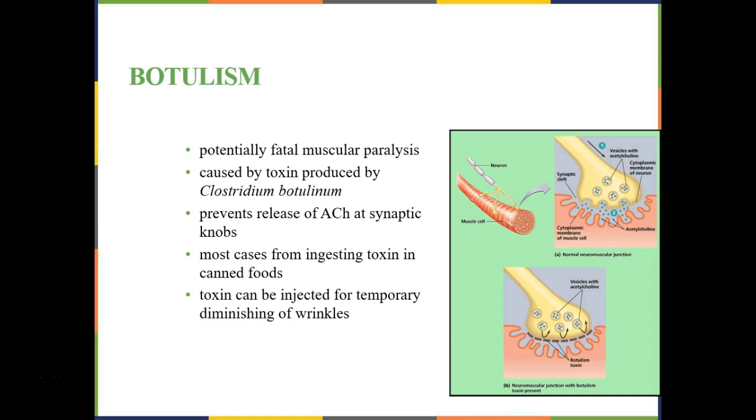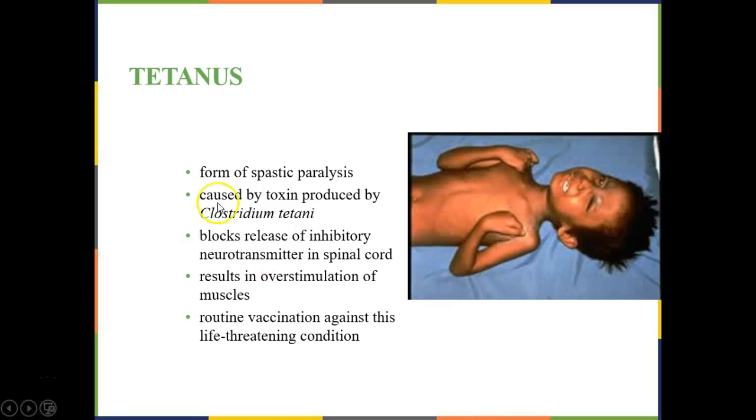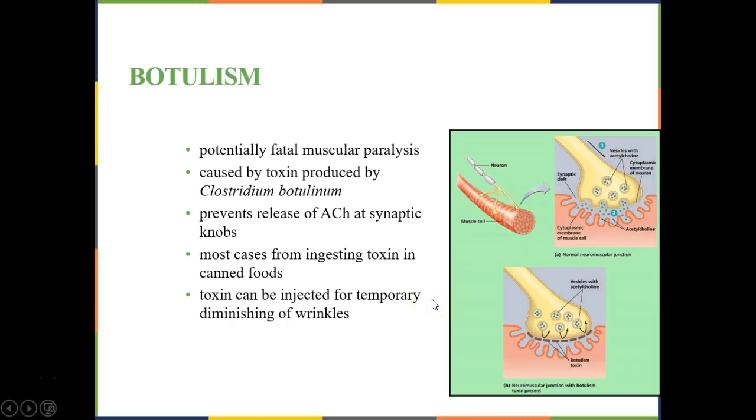Another disorder is caused by another bacterial species in the same genus, Clostridium botulinum, which forms another toxin called botulism toxin. This toxin works on skeletal muscle by stopping it from contracting, whereas tetanus causes sustained contraction, or spastic paralysis. This one causes a sustained relaxation, or no ability to contract.